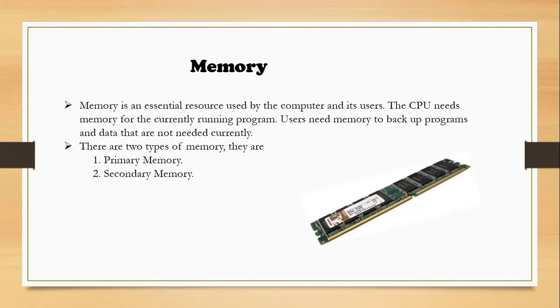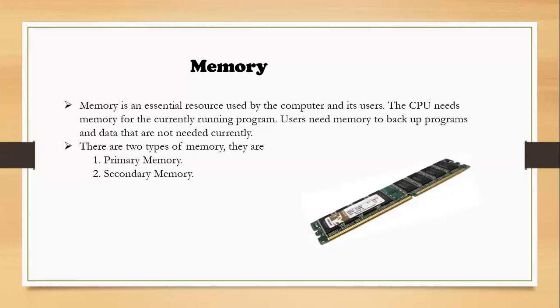But once you switch off your computer, the program loaded into primary memory will be erased. It's not a permanent storage. Permanent storage is secondary memory like hard disk. I'm going to talk about these aspects.